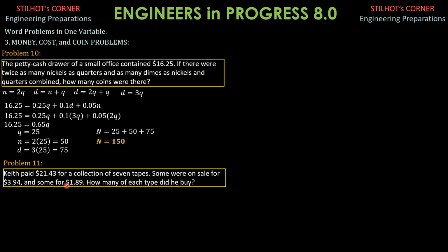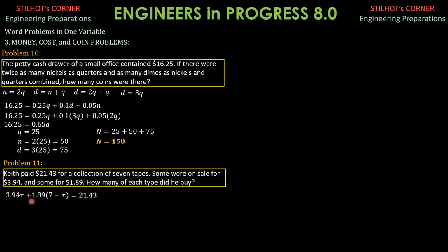And for $1.89 times quantity 7 minus x, because the total number of tapes is 7. Then we equate it to 21.43. So 3.94 of x plus 1.89 of quantity 7 minus x equals 21.43.